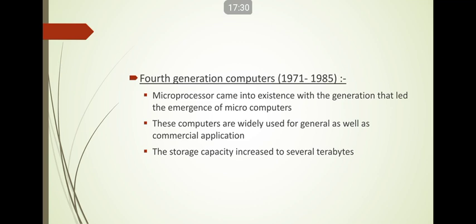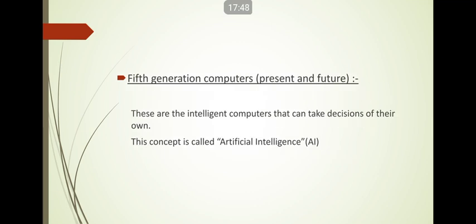When we study microcomputer, that part will become clear. And the storage capacity increased to several terabytes. You people have already studied in the previous class the different storage patterns.